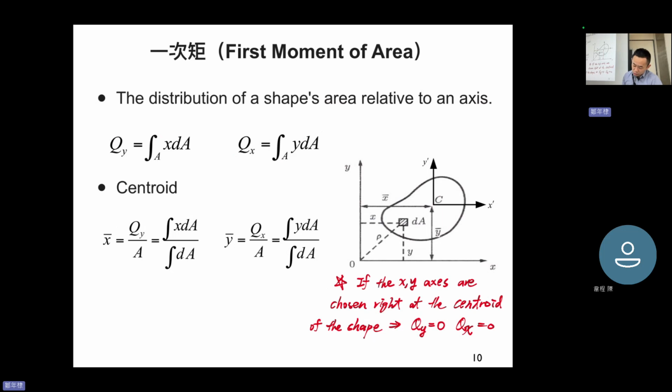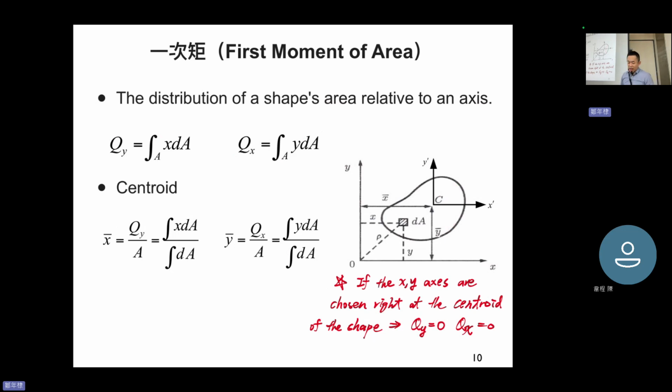But if you choose your xy axes here, some points will have positive x, but some points may have negative x, and some points may have positive y, but some may have negative y.